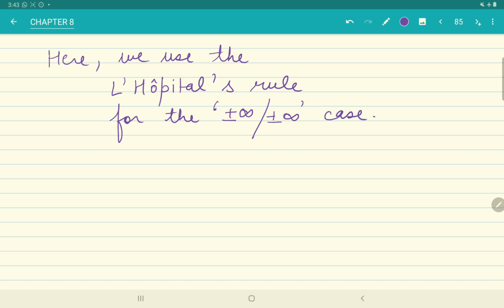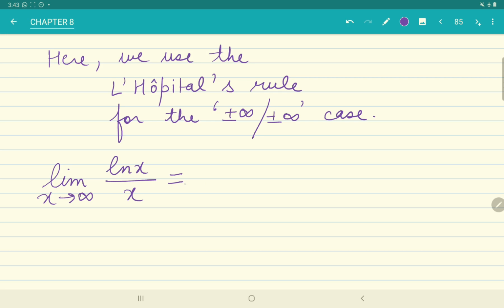I'm going to prove that the limit as x tends to infinity of ln x by x turns out to be 0.